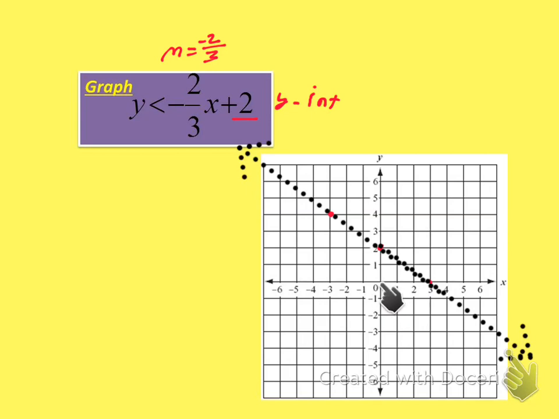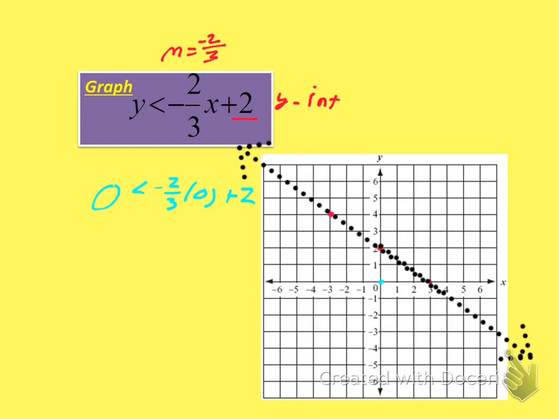And you test that into your original inequality up here. Okay? So we're going to test (0, 0). I'm going to highlight it in blue right there. You don't have to do this step necessarily, but you plug 0 in for y. You plug 0 in for x. And then you simplify.